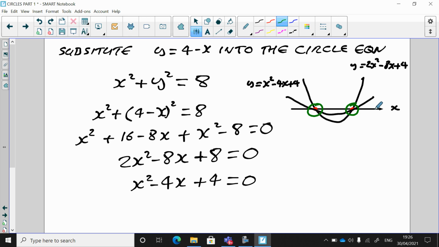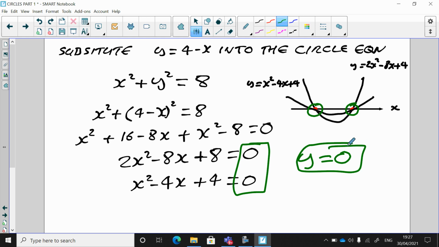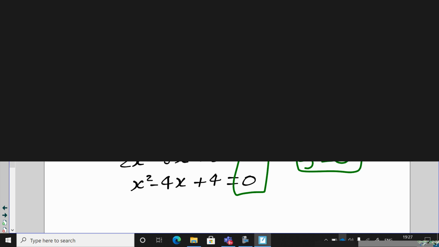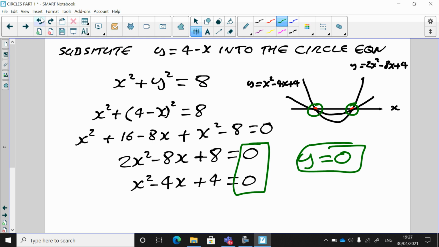Why do they cross the x-axis at the same point? Because they're equal to 0. When we're looking at the x-axis, y is equal to 0. That's what we're doing here, folks.